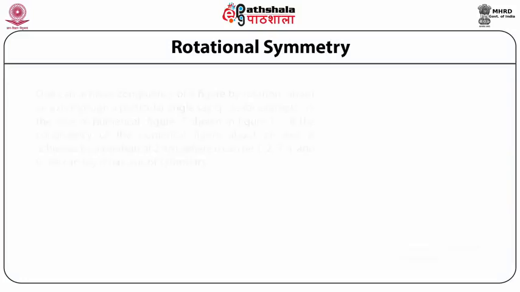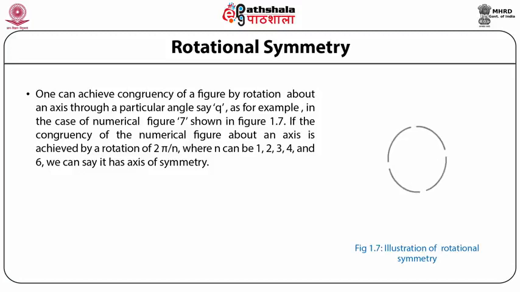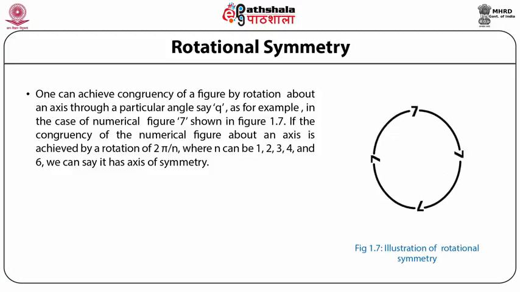Rotational symmetry. One can achieve congruency of a figure by rotation about an axis through a particular angle, say theta, as for example in the case of numerical figure 7 shown in figure 1.7. If the congruency of the figure about an axis is achieved by a rotation of 2 pi by n, where n can be 1, 2, 3, 4, and 6, we can say it has an axis of symmetry.